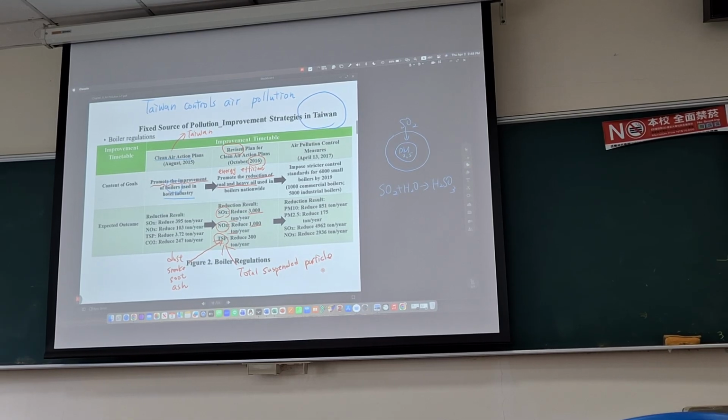TSP stands for total suspended particles, including dust, smoke, soot, and ash.